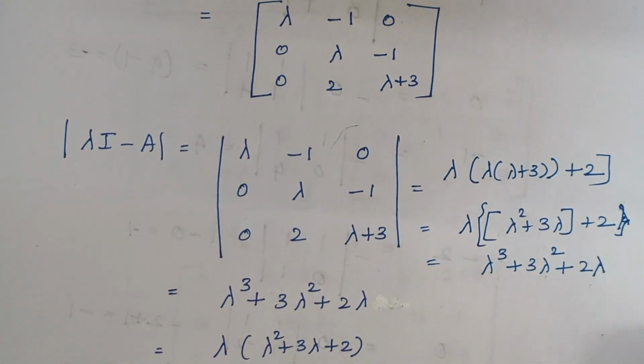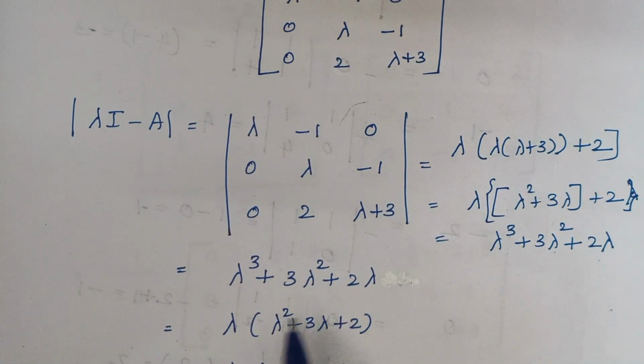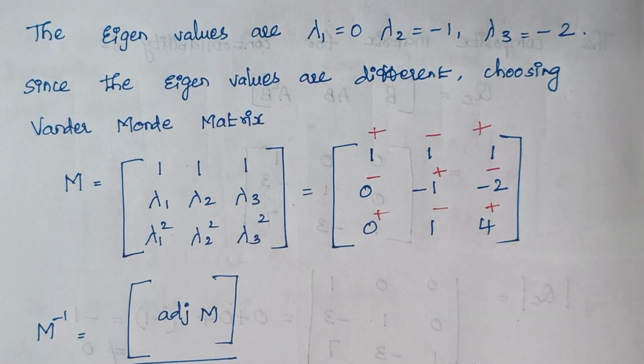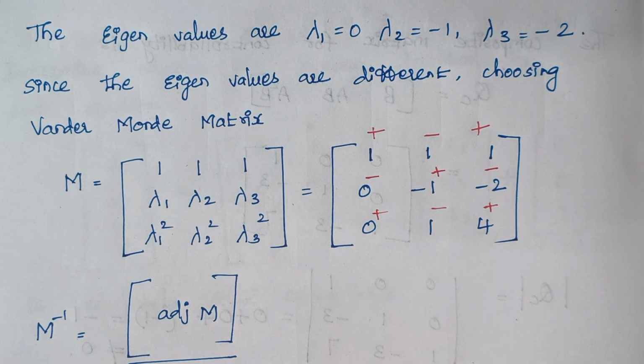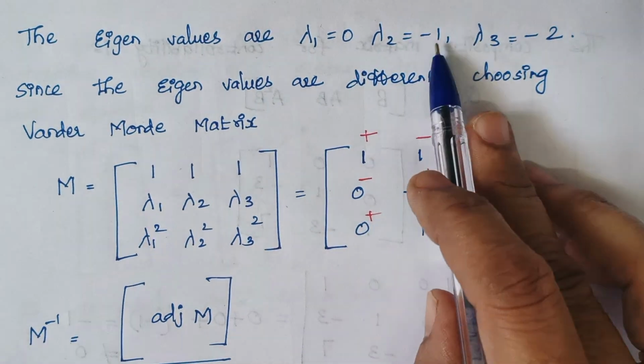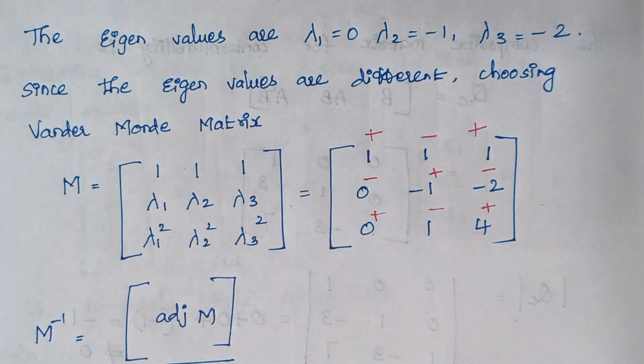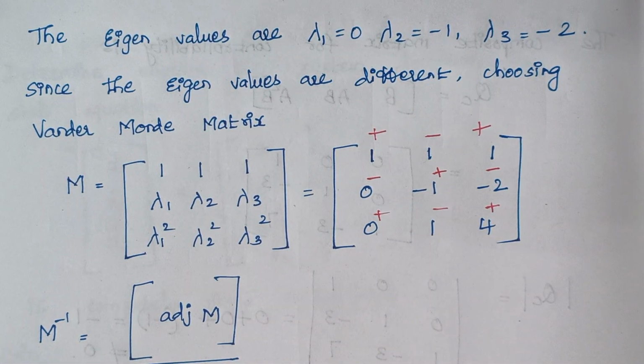To calculate eigenvalues, I take lambda commonly outside, and the remaining terms are lambda square plus 3 lambda plus 2. Factorizing this quadratic gives lambda into lambda plus 1 into lambda plus 2. So the eigenvalues are lambda equal to 0, minus 1, and minus 2. These eigenvalues are all distinct.